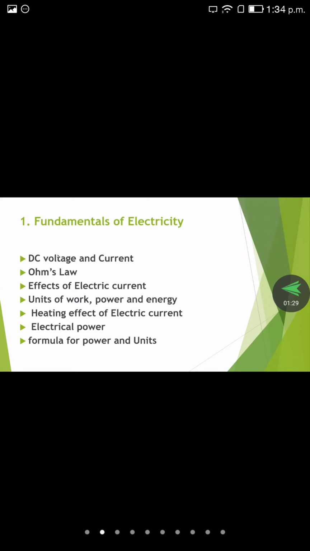So majorly in fundamentals of electricity we discuss two topics. One is DC and the second one is AC.